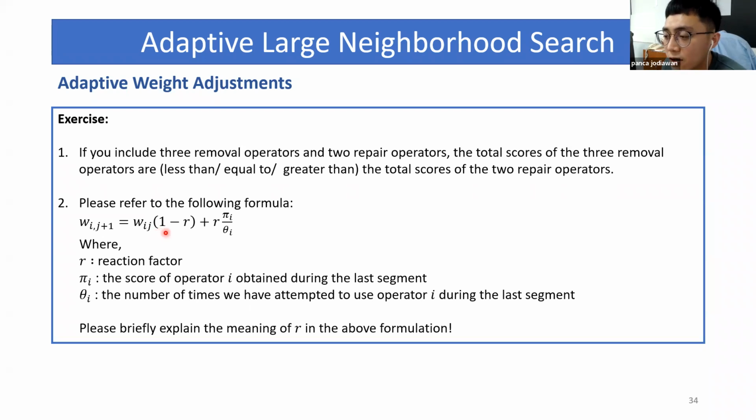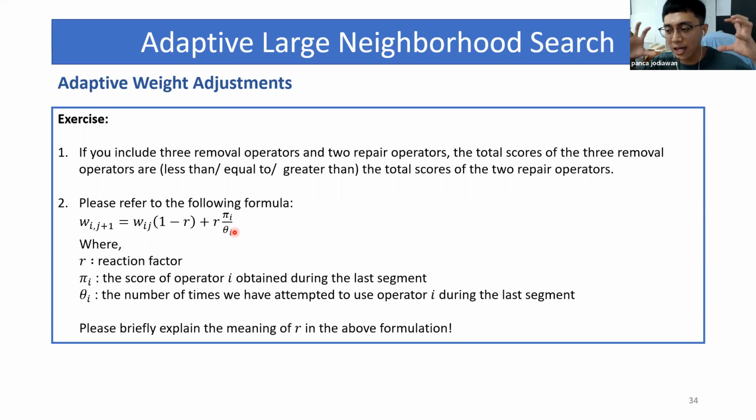The R represents the weight for the Wij and for the pi I divided by the theta I. The left hand side is 1 minus R and the right hand side is only R, which means that if we enlarge the R, we only pay attention to the last segment, because the pi I and the theta I we collect during only the last segment.